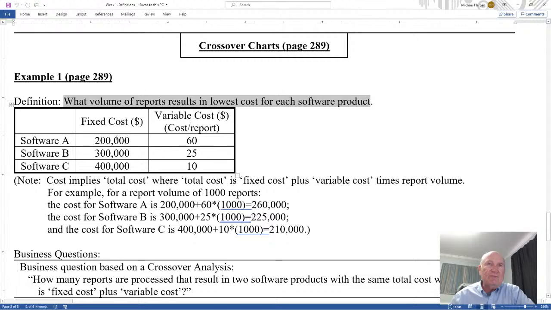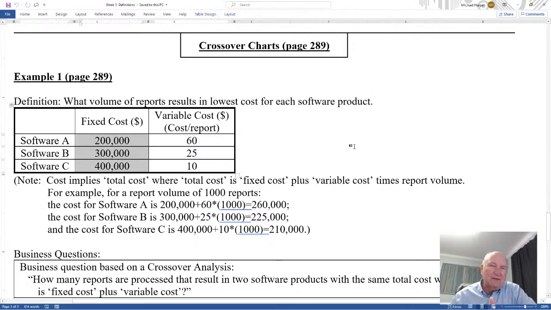Well, notice we have a fixed cost, and let's say it's a fixed annual cost, and a variable cost per each report. So how many reports are you making? And then what's the fixed cost for that particular software? Say you're purchasing the software and implementing the software and then operating it. So the purchasing and implementing is the fixed cost. The operation then becomes the variable cost.